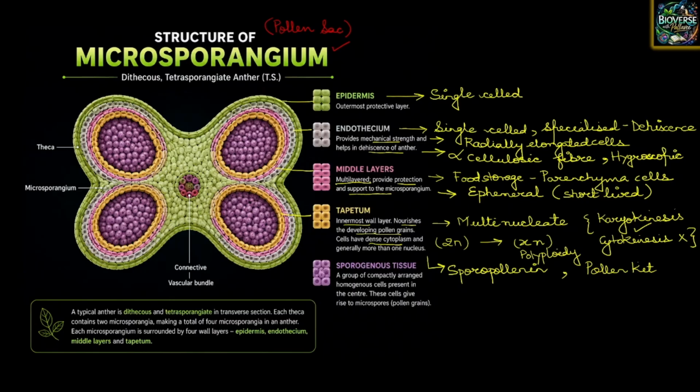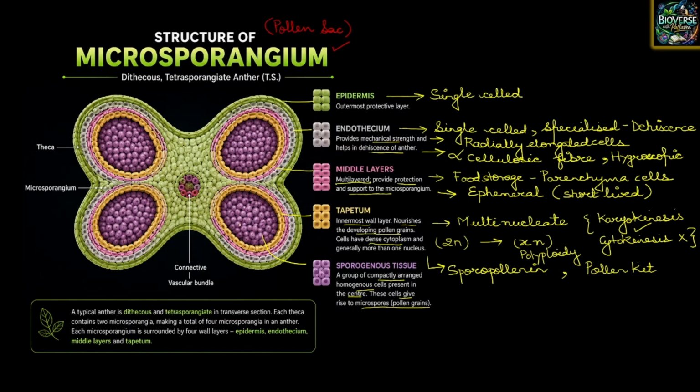Now, this purple colored tissue that we are talking about is the sporogenous tissue. A group of compactly arranged homogeneous cells present in the center of the tapetum is called the sporogenous tissue. These tissues will give rise to the microspores, that is, the pollen grains.